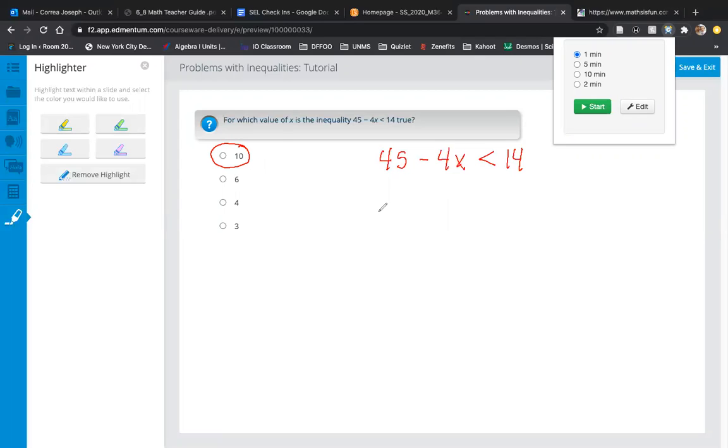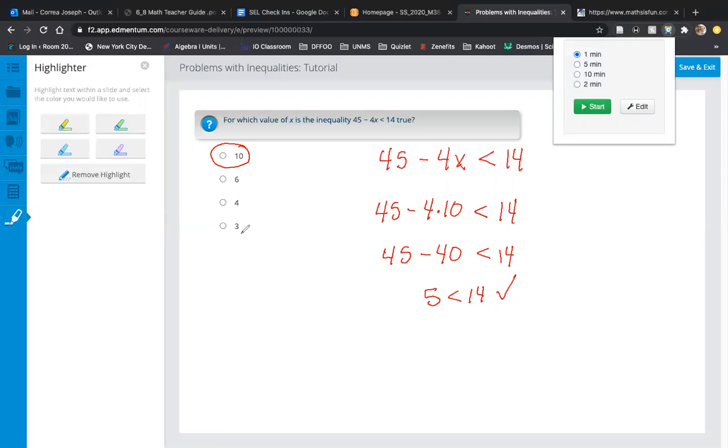So 45 minus 4 times 10, is this less than 14? 4 times 10 I know is 40, so 45 minus 40. Just remember order of operations here: you need to multiply before you subtract. 45 minus 40 gives me 5, which is less than 14. So I got a true statement, right?